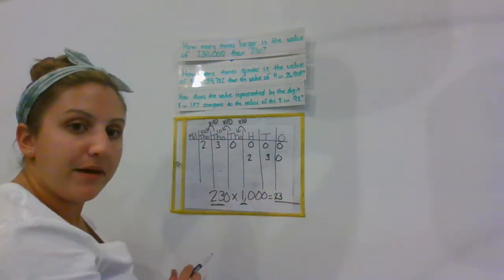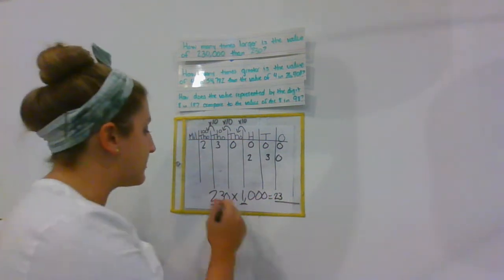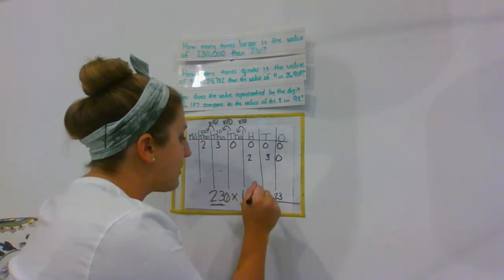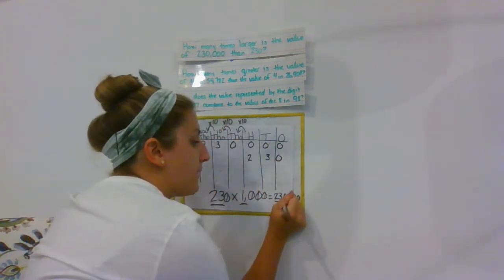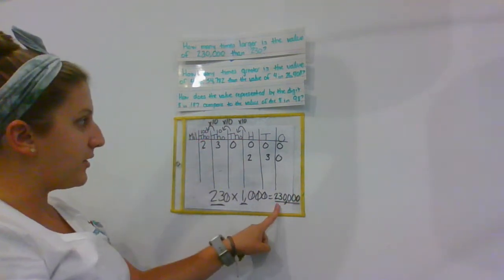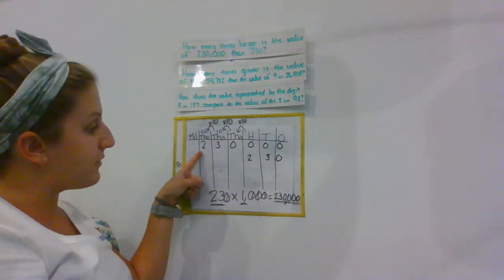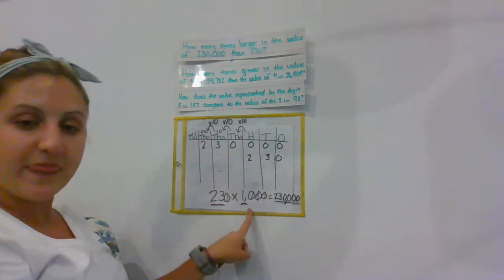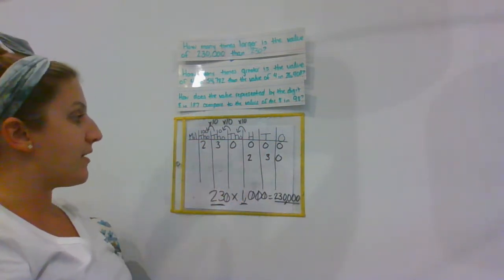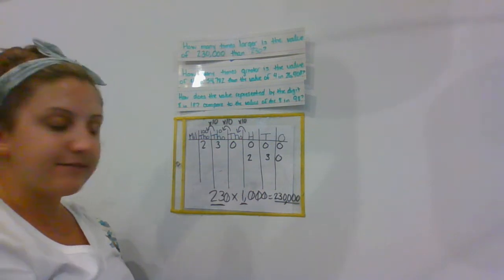And then I'm going to count the amount of zeros, and that's how many zeros will be in my answer. 1, 2, 3, 4. After 3 places, I put a comma. If this number is equivalent to this number, then we are right. The number 230,000 is 1,000 times larger than the number 230.